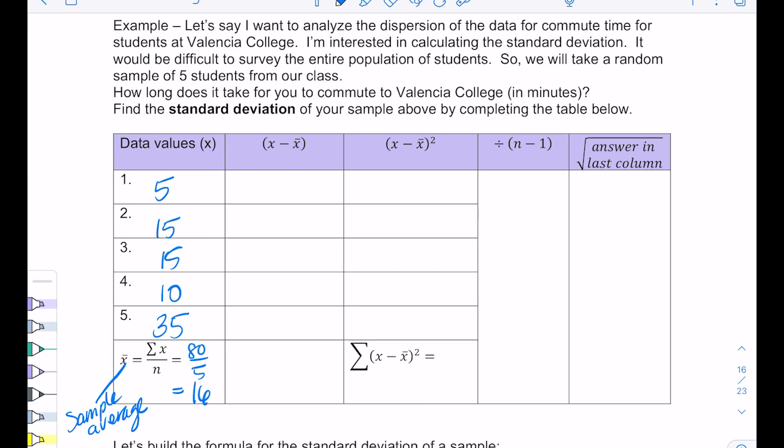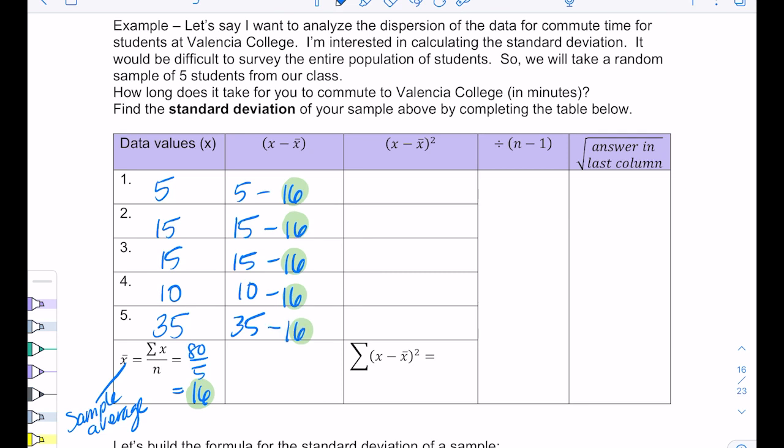After you find the average, step number 2 is to take each of those values and subtract the mean. So I'm going to take my values here and just rewrite them. And now the mean that you found, you're going to subtract from each of those values. So whatever the mean is, just subtract.